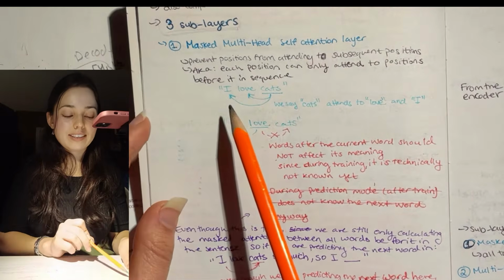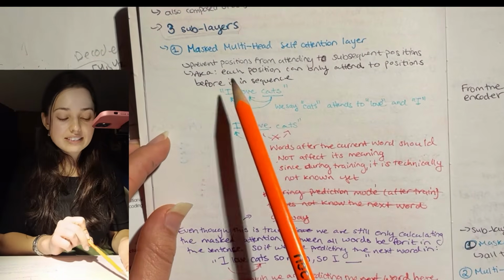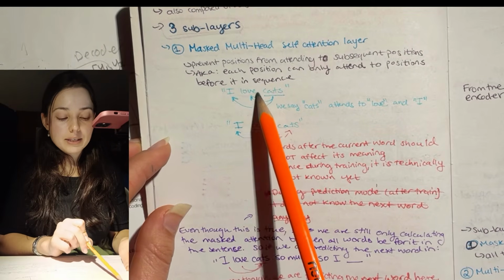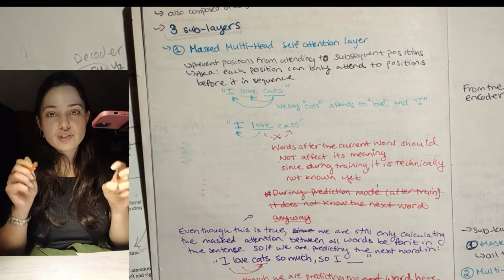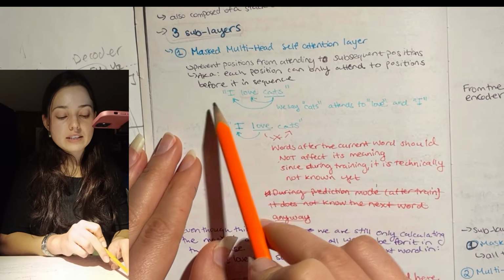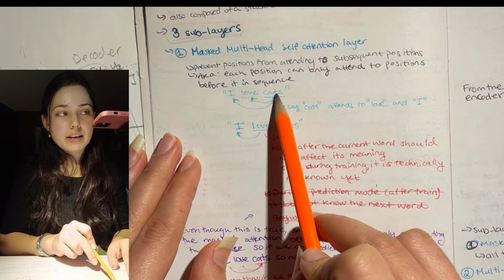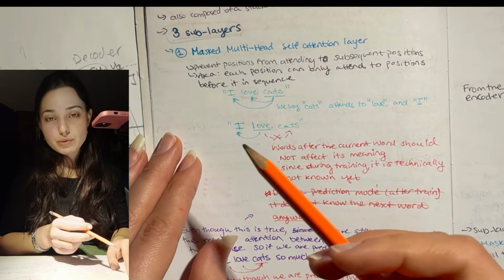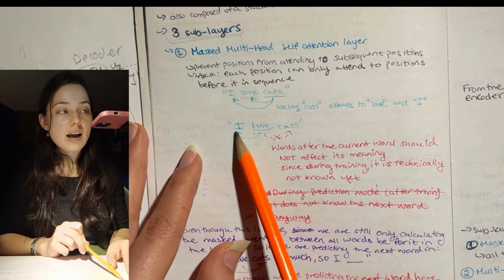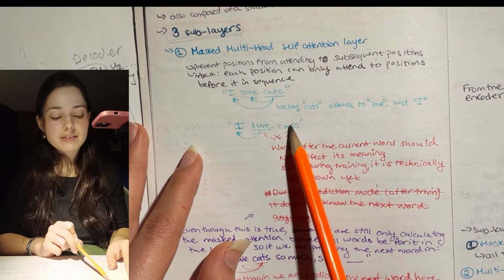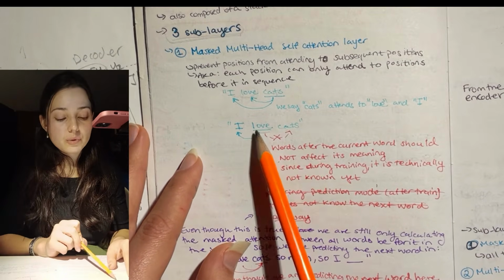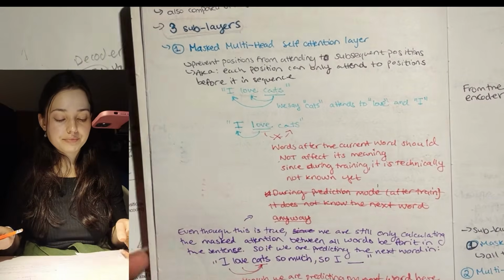Okay, so basically in this I love cats, the word cats attends to love and I. The word love affects the meaning of cats, the word I affects the meaning of cats, and they're allowed to because they come before it. But for example, love, the word I can affect the meaning of love, but the word cats can't because it comes later on in the sentence. So we don't let these two words interact.